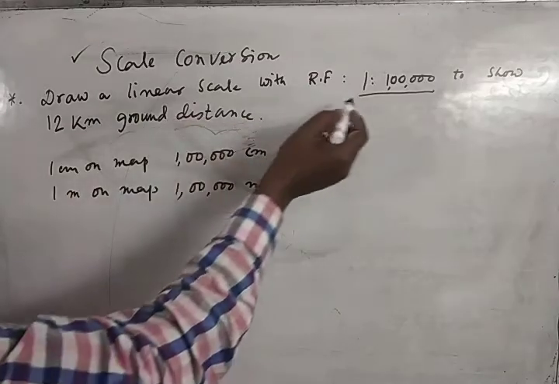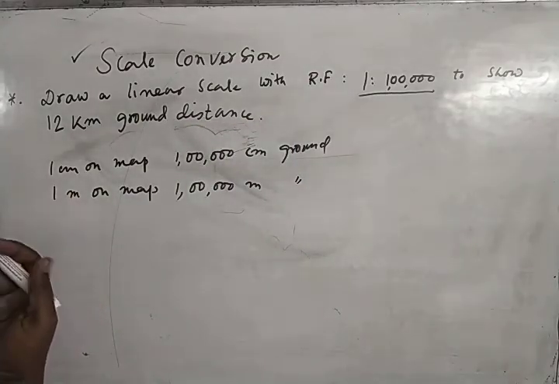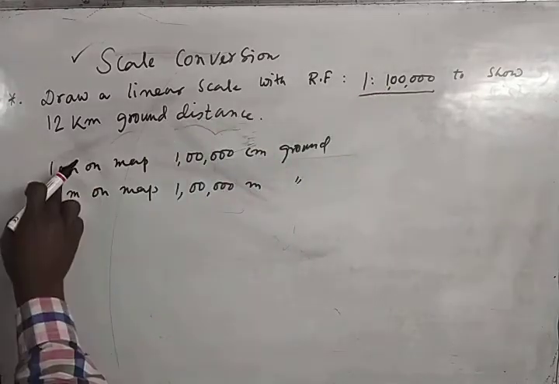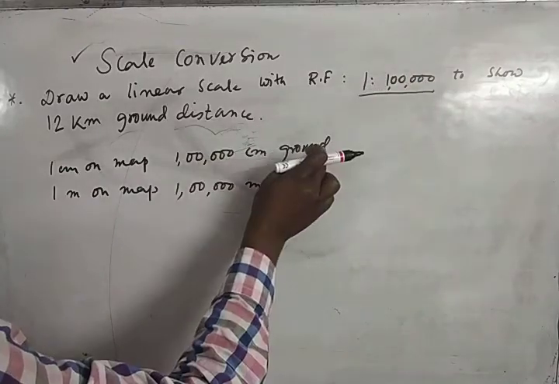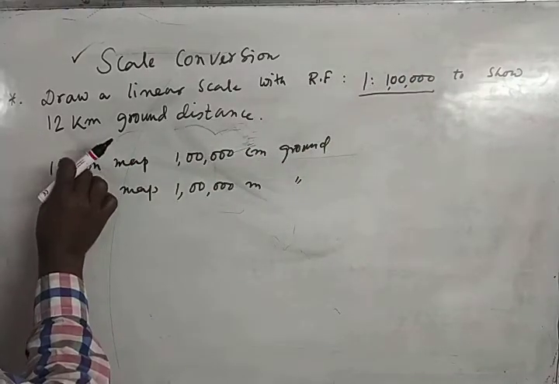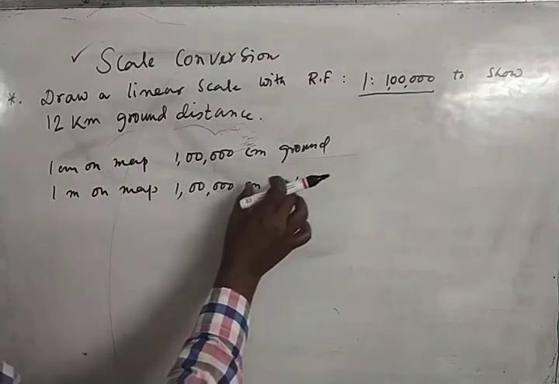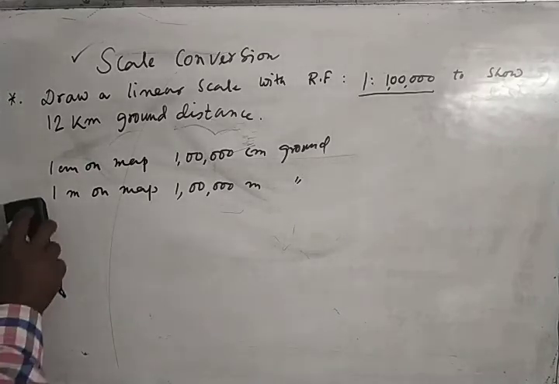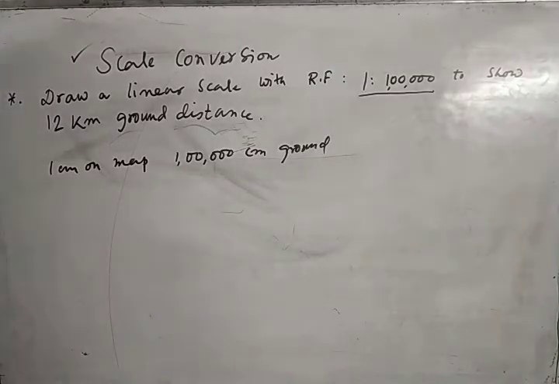So RF is unit free. If we add a unit, then first we should use the same unit on both sides: 1 centimeter, 1 lakh centimeter. If it is 1 meter, then it will be 1 lakh meter. The conventional form of expression is: 1 centimeter on map is equal to 1 lakh centimeter on ground.